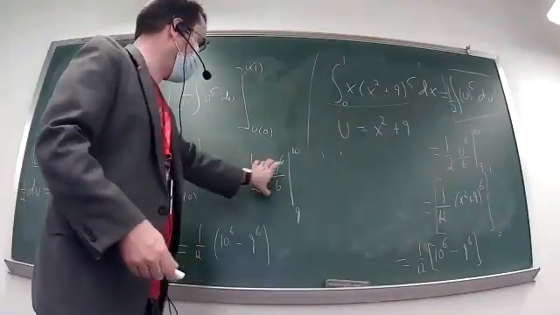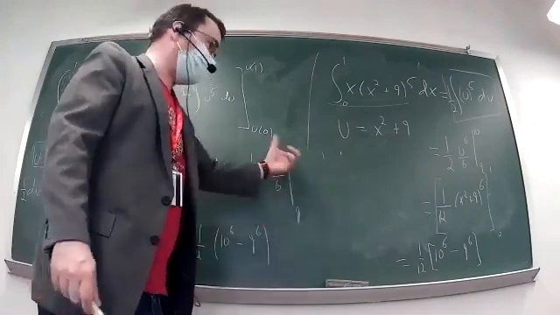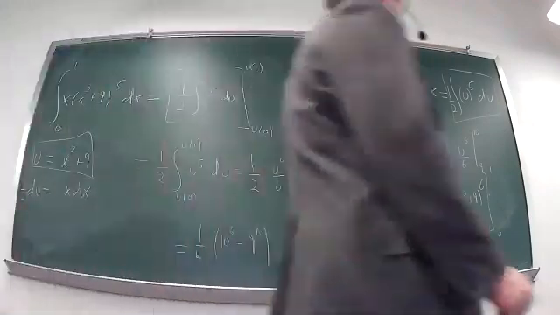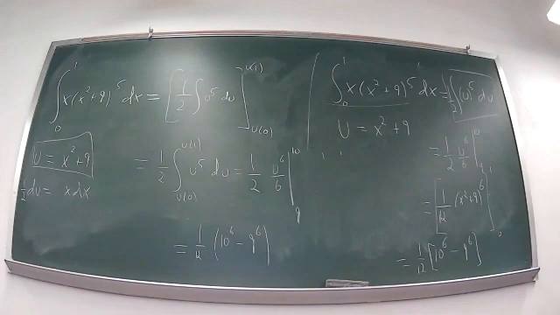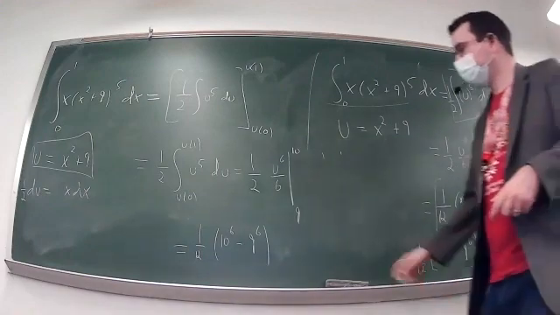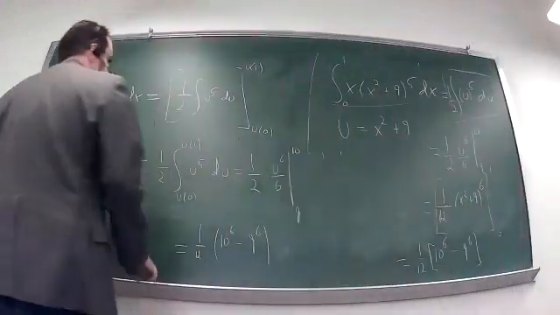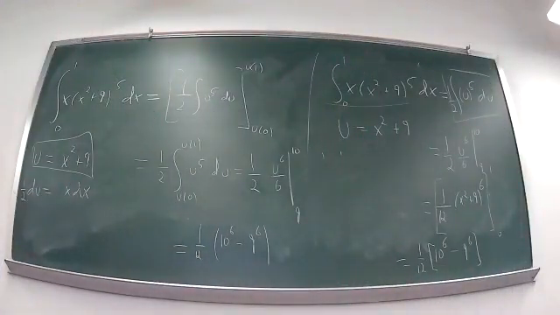If you have an antiderivative in terms of u, you write your bounds in terms of u. If you choose to unsubstitute and get your antiderivative in terms of x, then keep your bounds written in terms of x. So it has to match like that. Any questions on what I showed there?